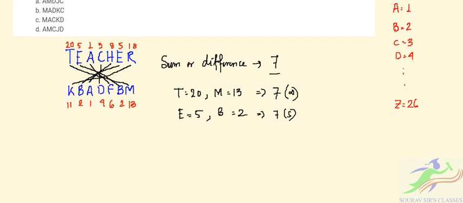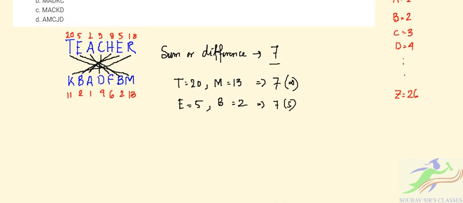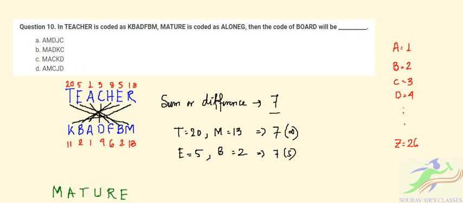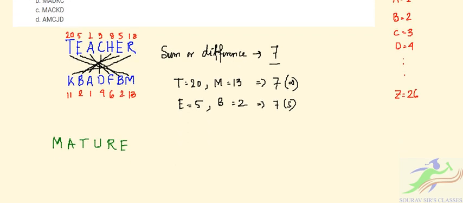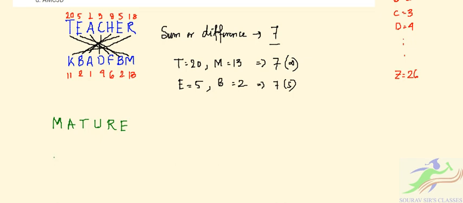Similarly, if we go for MATURE, you can write this M-A-T-U-R-E, and in place of MATURE we have A-L-O-N-E-G.